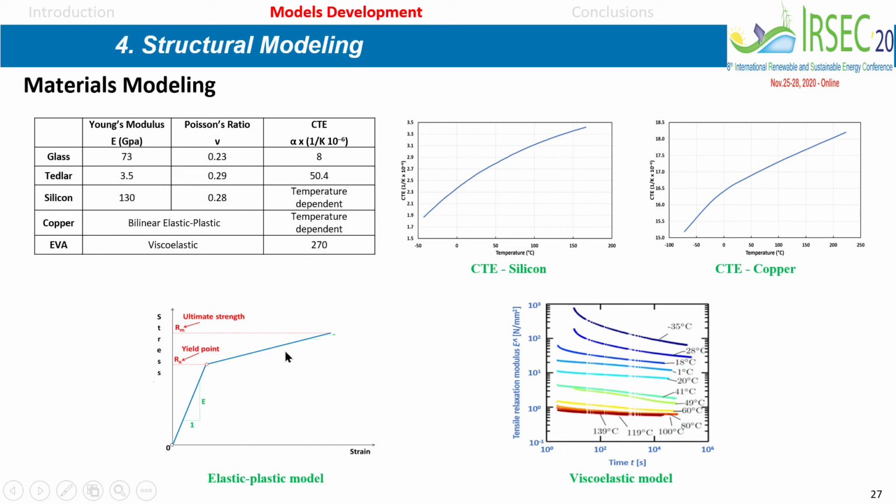For the copper interconnect, which is of great interest to us here to see how it fails, we took an elastic plastic model. So we have elasticity, then we get to the yield or beginning of plasticity, and the material plastifies with hardening, and this is kinematic hardening, which is widely used and a must actually for analyzing fatigue.